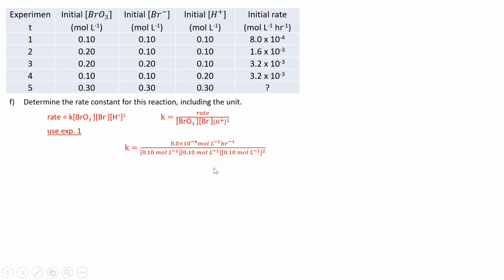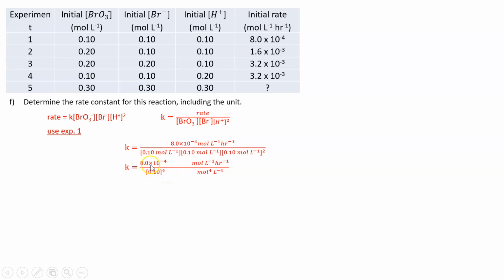So let's pay attention to our math as we go. I've got 0.1 times 0.1, that's 0.01. 0.1 squared is 0.01, so I'm going to do 0.01 times 0.01, which is another way of saying all of that is 0.1 to the 4th power.